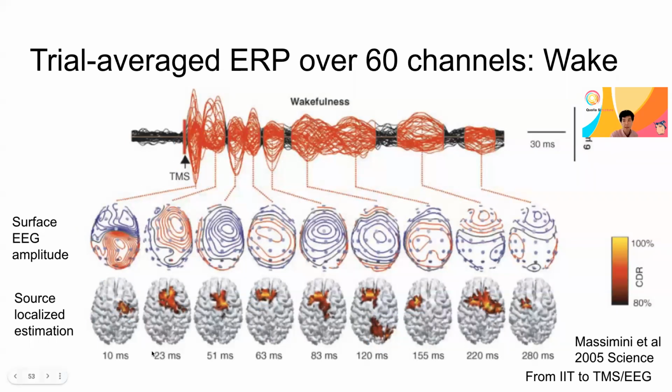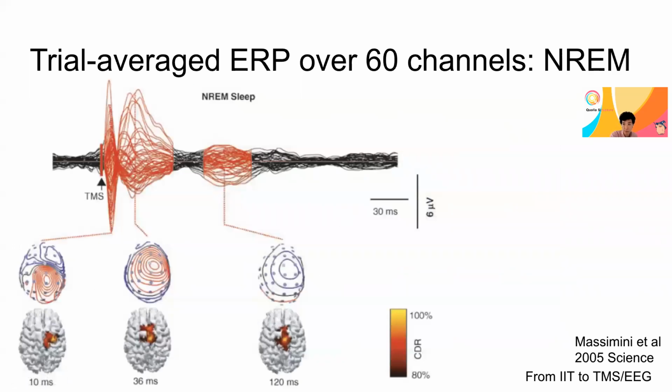Now, when they did the same experiment with non-REM sleep, where people don't have much complex experience, and when woken up, only 50% of people report dreaming of the simple kind, that's this type of response. So the initial response becomes much bigger. In fact, here and then here, this is actually bigger than the magnitude that you observe in wakefulness. But then afterwards, initially there is some kind of uniform activation observed around the area of the stimulation.